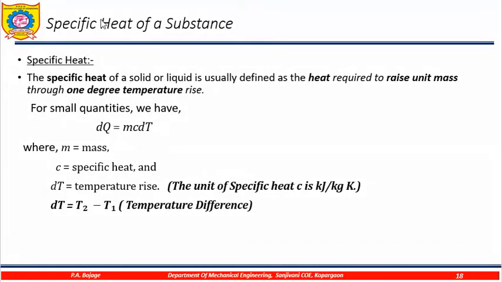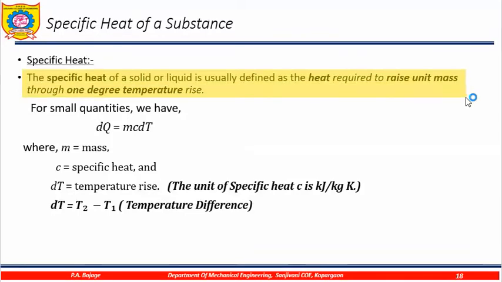the specific heat. Now, what is the specific heat? Specific heat of a solid or a liquid or a gas is usually defined as the heat required to raise the unit mass through 1 degree temperature rise.